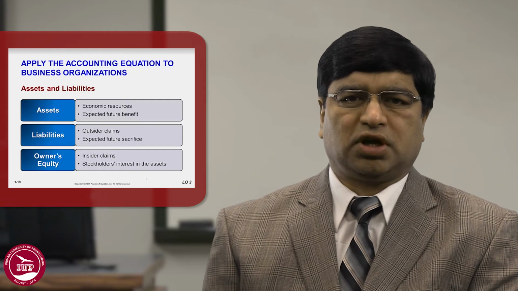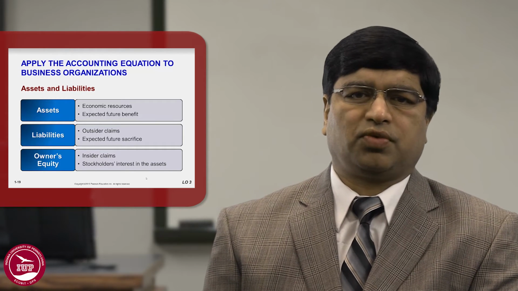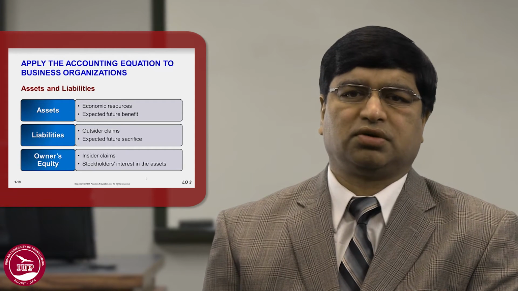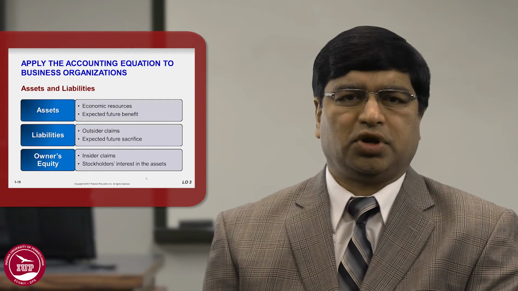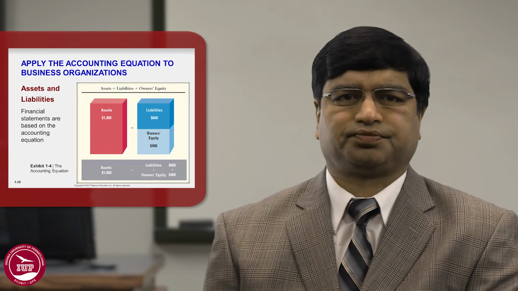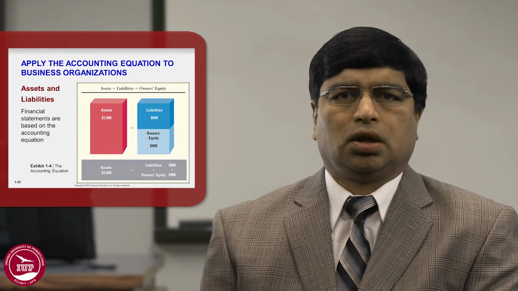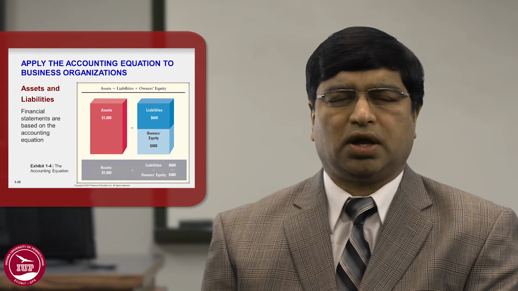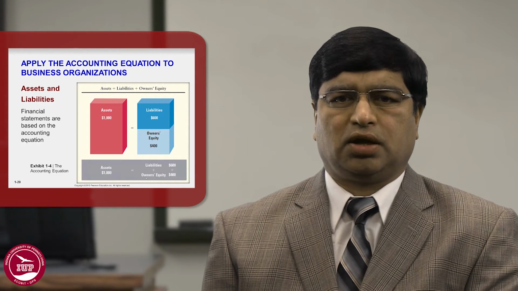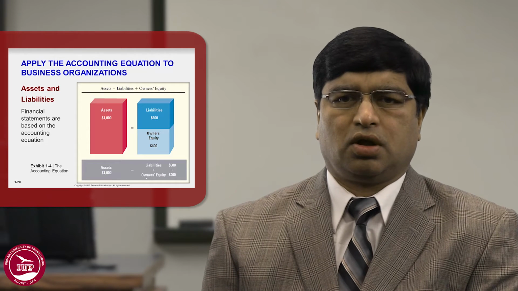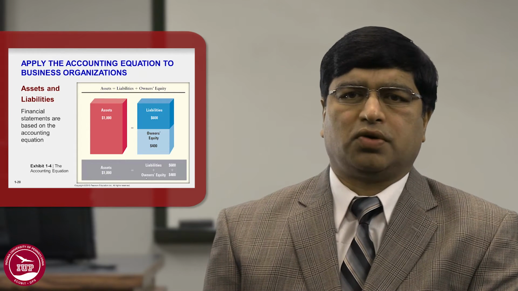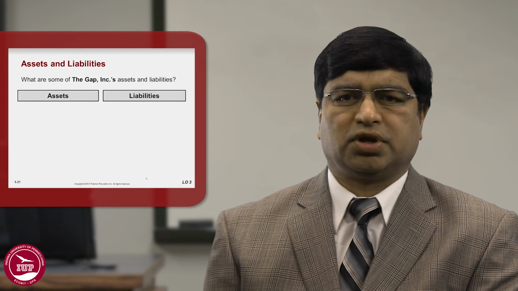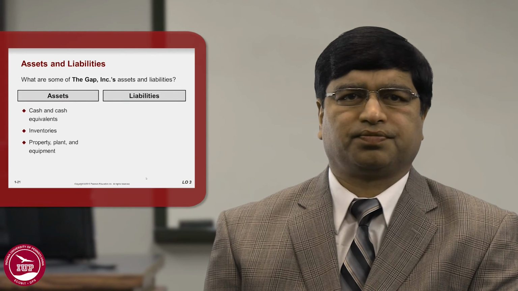In terms of owner's equity, those are insiders' claims, or we call it owner's claims, and this represents the stockholders' interest in the assets of the company. So again, if you apply the basic accounting equation, if you have assets worth 1,000 and your liabilities, that is what you owe to the outsiders, is 600, then what is remaining for the owners is $400.